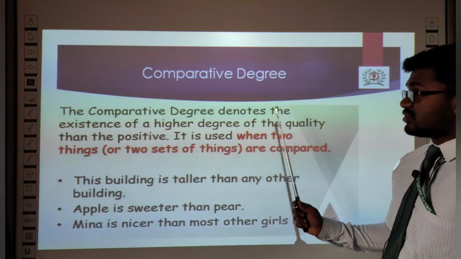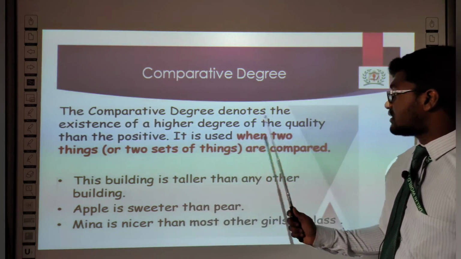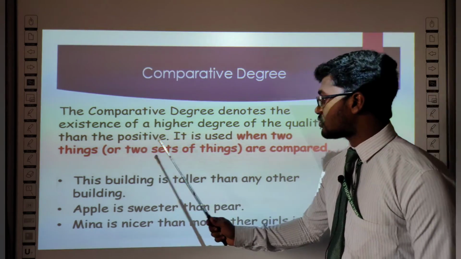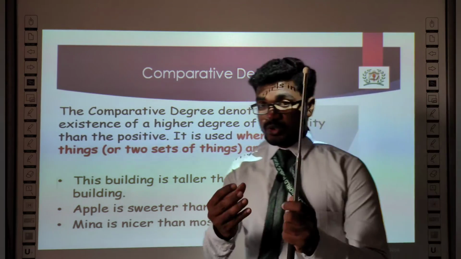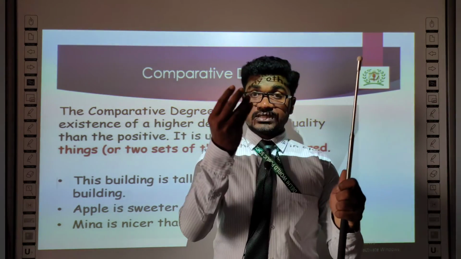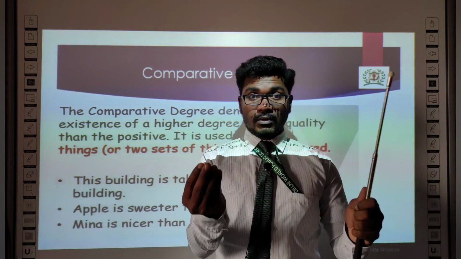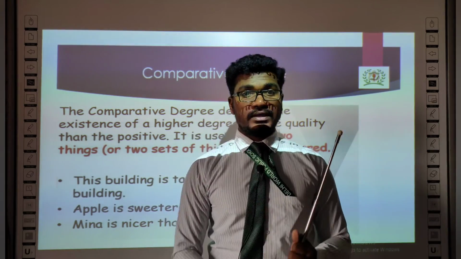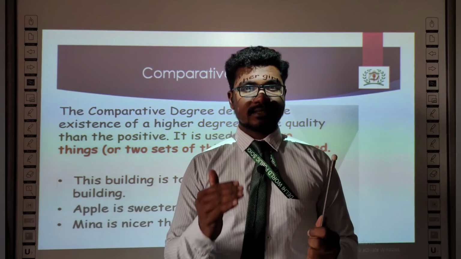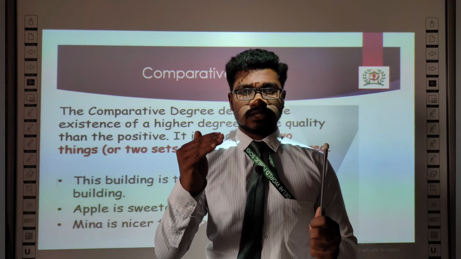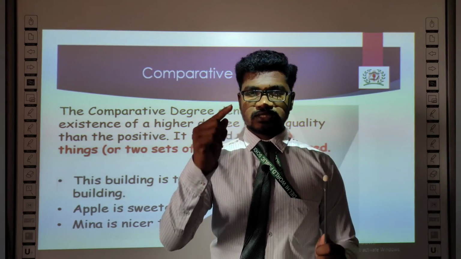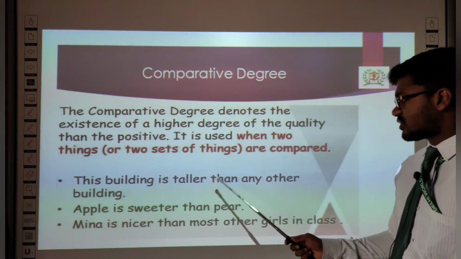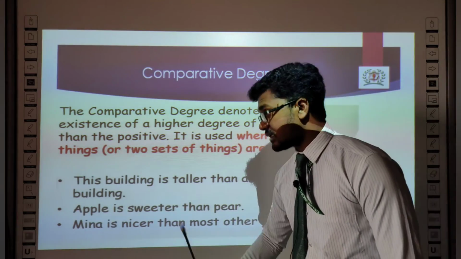The comparative degree denotes the existence of a higher degree of the quality than the positive. It is used when two things or two sets of things are compared, and er or more will be added to the adjective. Let's see. This building is taller than any other building.